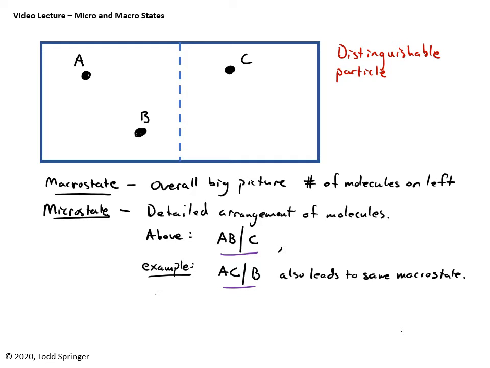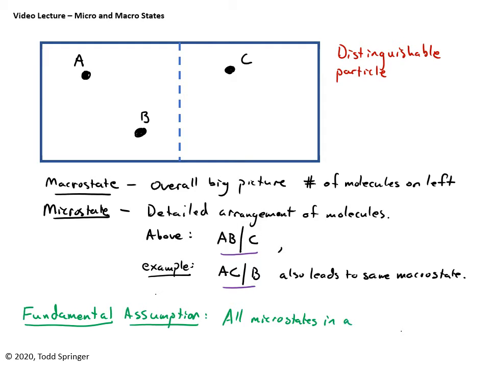And we're going to make a fundamental assumption. So the fundamental assumption of statistical mechanics is all microstates in an isolated system, which this is, are equally likely.